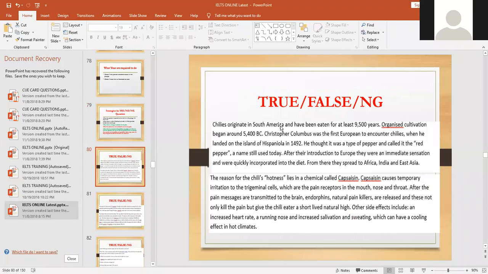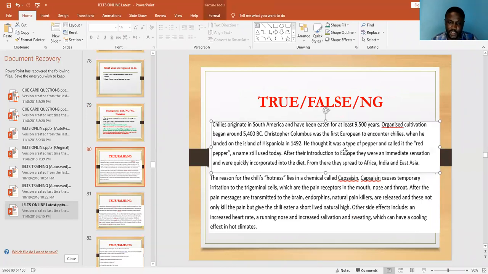For example, when we read this paragraph, it originates in South America and has been eaten for at least 9,500 years. This first statement is talking about origin and age, but as you move on, it says organized cultivation began around 5,400 BC. Two people raised their hand, I will come to you, I've noted.